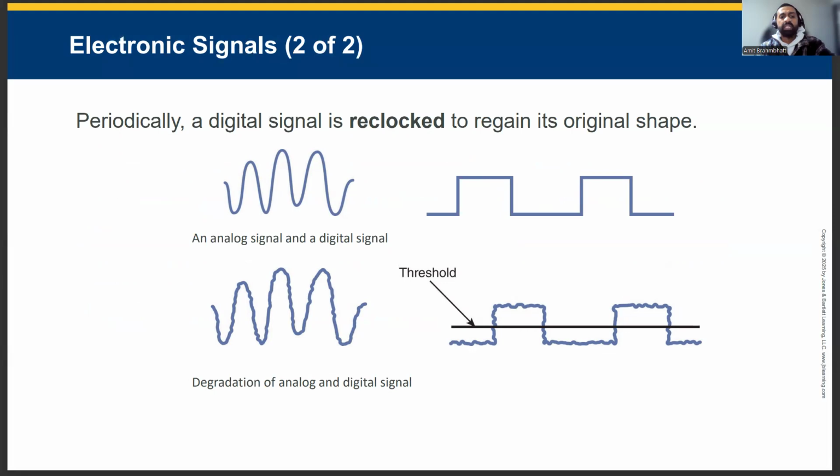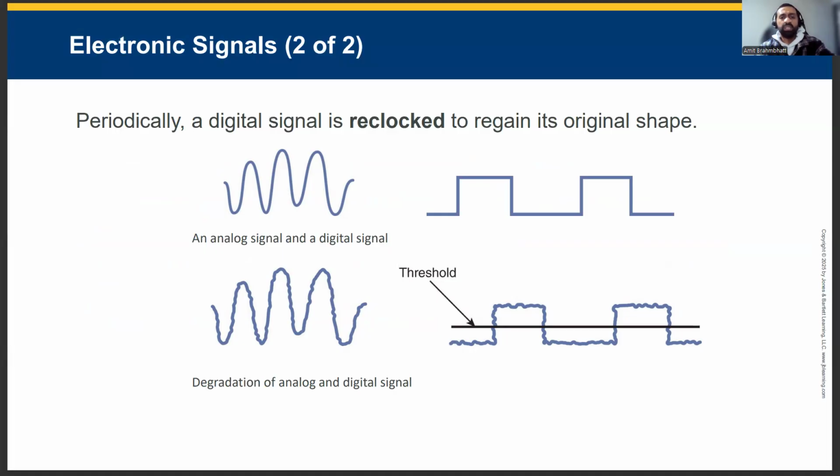This slide explains how digital signals remain reliable over long distances. Over time, even digital signals degrade and lose their precise shape. To address this, digital systems periodically reclock the signal, regenerating it to restore its original form.